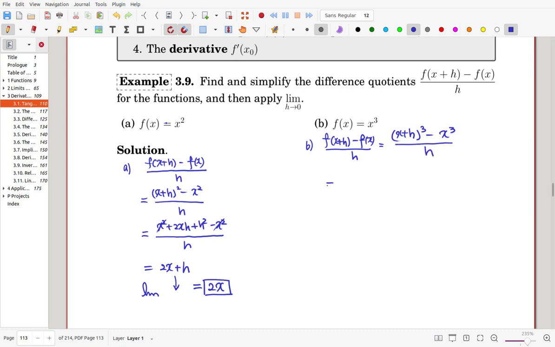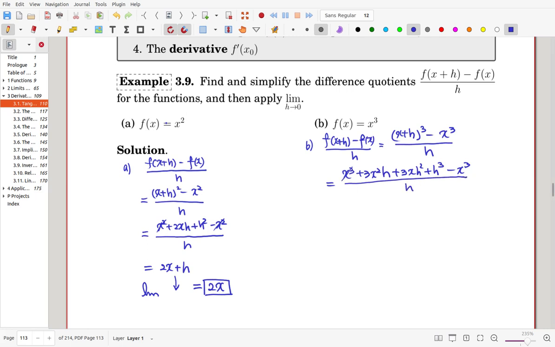The numerator is x cubed plus 3x squared h plus 3x h squared plus h cubed minus x cubed, divided by h.